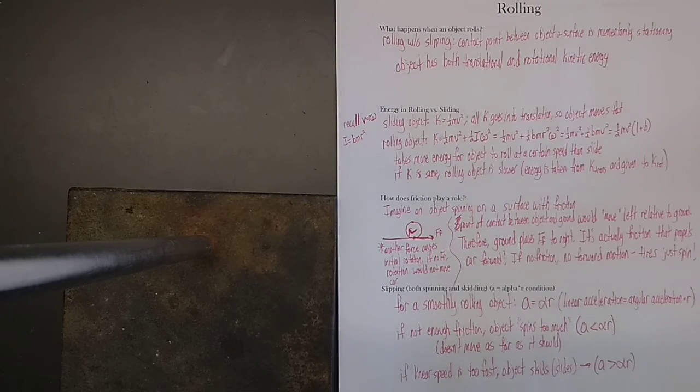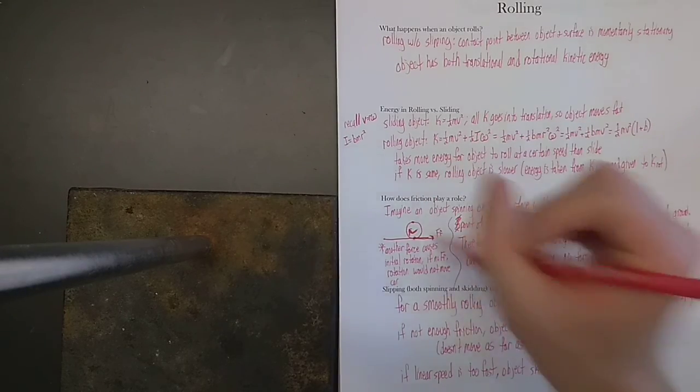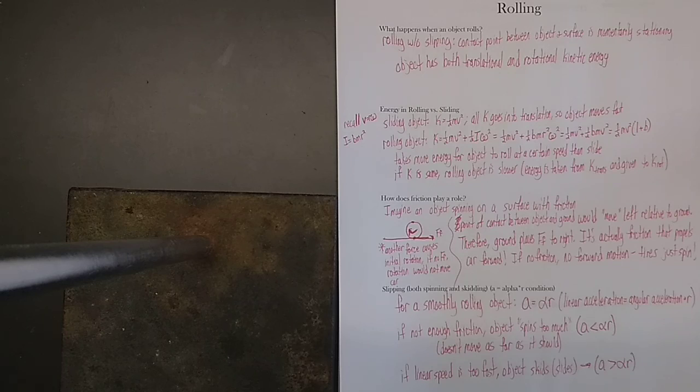Rolling objects tend to move slower than sliding objects because some of that energy has to be transferred to rotational kinetic energy as opposed to translational kinetic energy, and rolling would not be possible if not for friction. Friction is the force that allows rolling to occur. Without friction, there can be no rolling. Okay? I'm going to stop there, and we'll do a nice example on the next video.